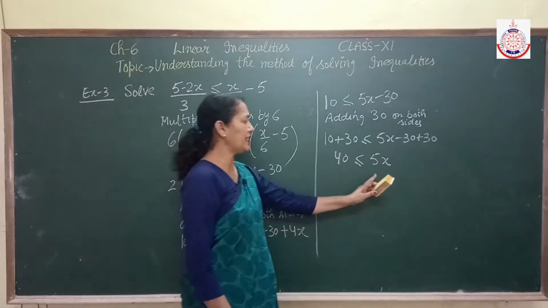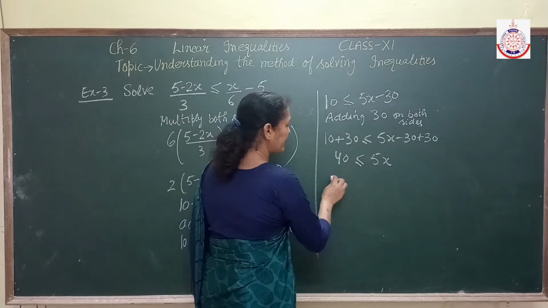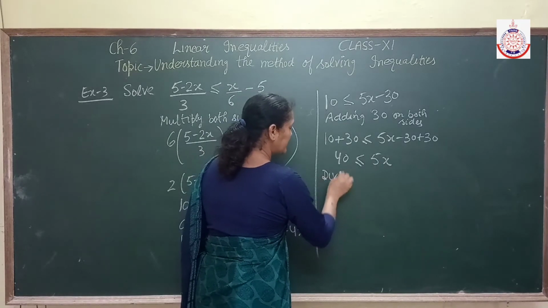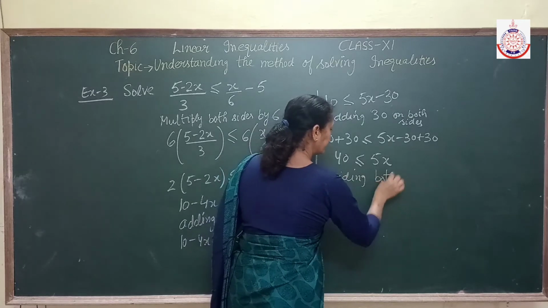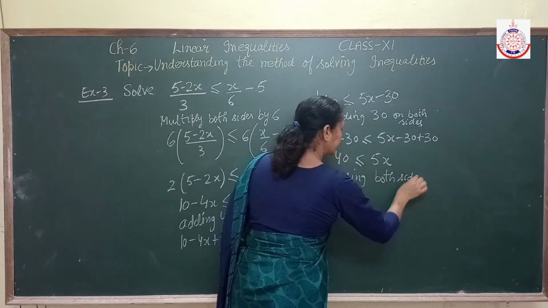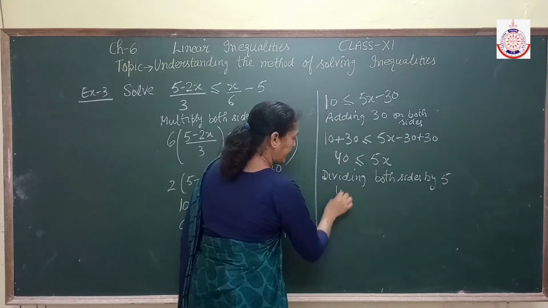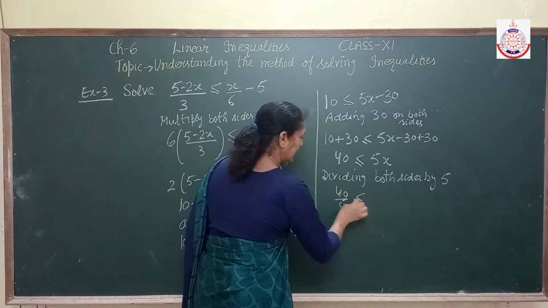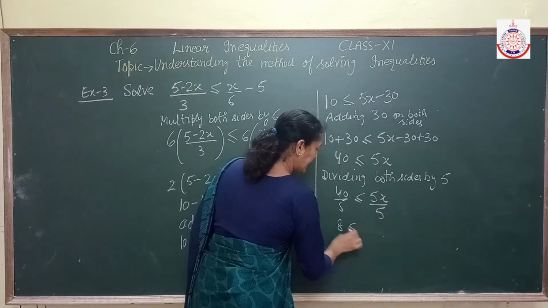Now for solving x, moving this 5 means dividing both sides by 5. So 40 upon 5 less than or equal to 5x upon 5, 8 less than or equal to x.